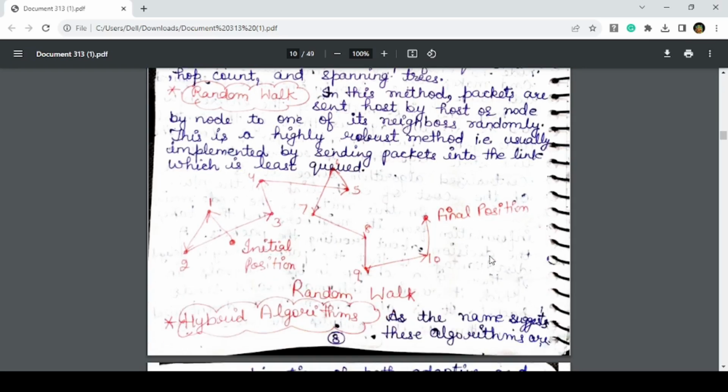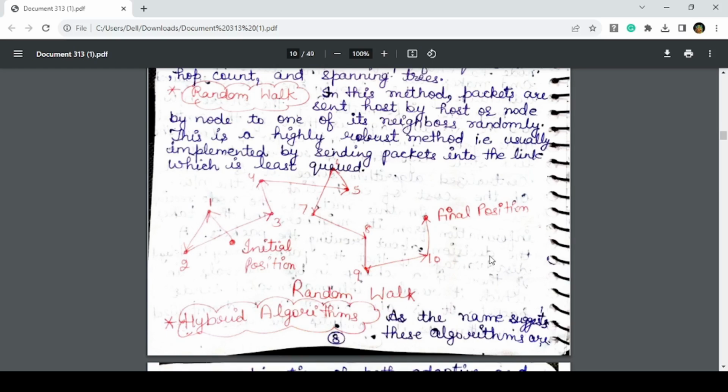You can see this figure. Here you can see the initial point, and from the initial point it goes to 1, then 2, 3, 4, 5, 6, 7, 8, 9, 10, then the final position. This is the random walk.